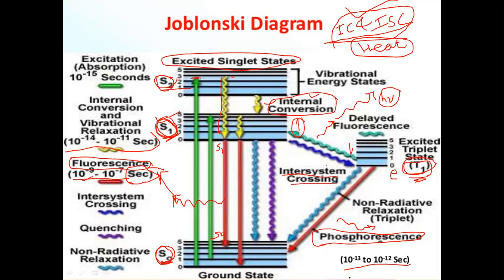There are two terms here, fluorescence and phosphorescence. The triplet excited state electron comes to the ground state by loss of energy, and it takes 10 to the power minus 13 to minus 12 seconds, so it comes somewhat slowly to the ground state as compared to fluorescence.